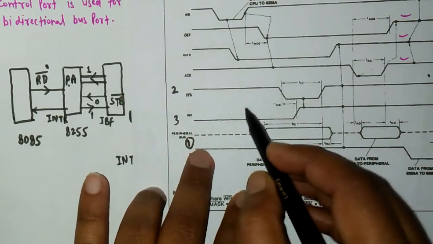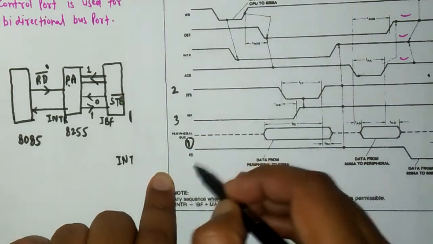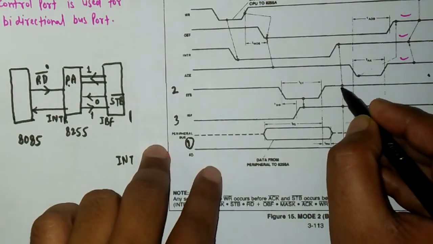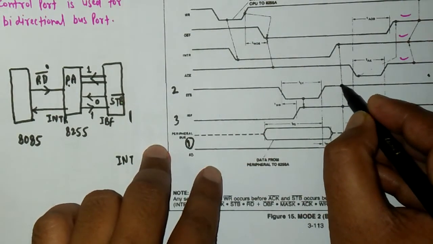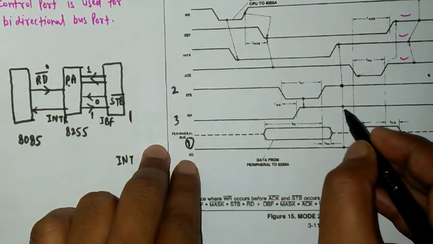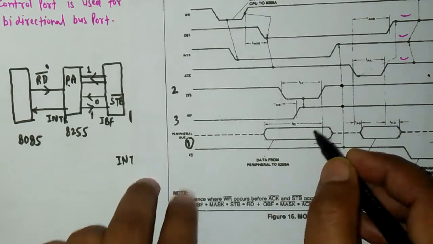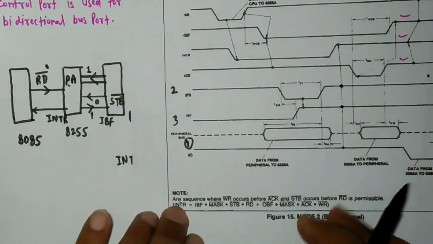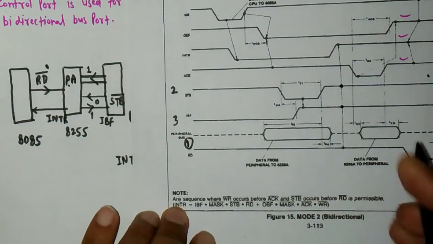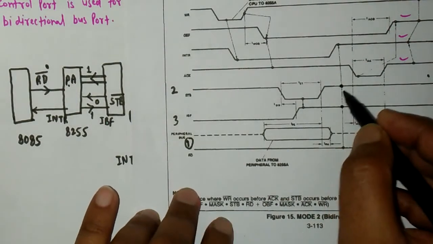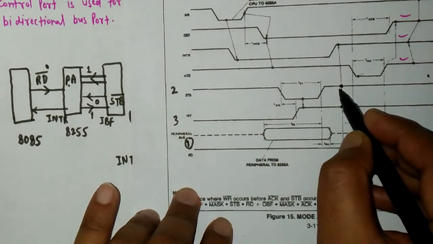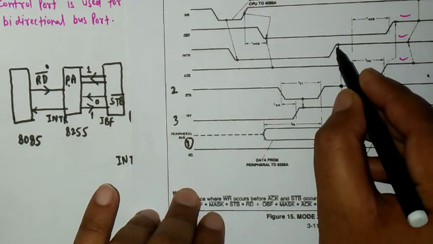So as I said, these are the 3 sequences, and after a certain time the STB bar pin is on high logic and IBF is already on high logic, and we have already written INTE1 to high logic using bit set reset mode. So an interrupt will be generated, and here is that interrupt request.